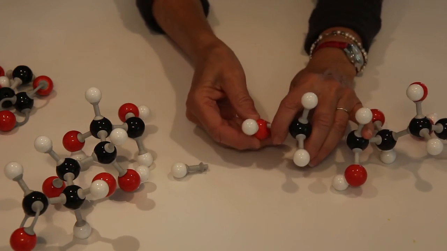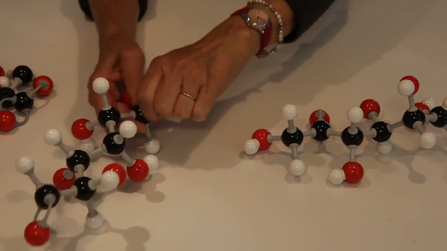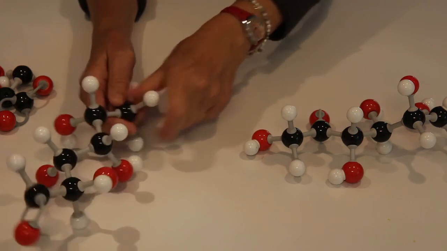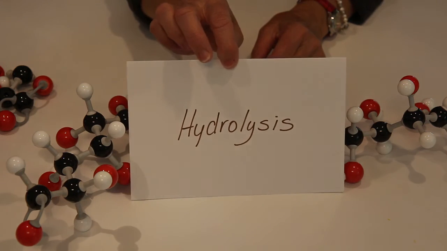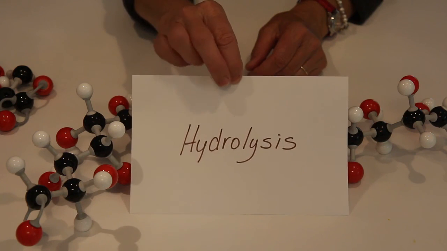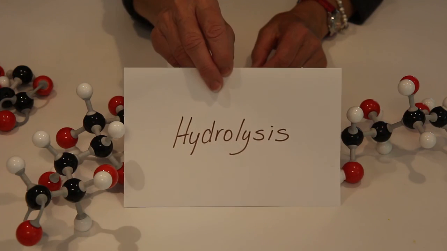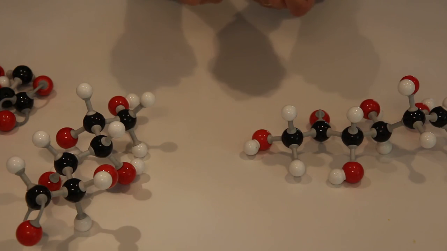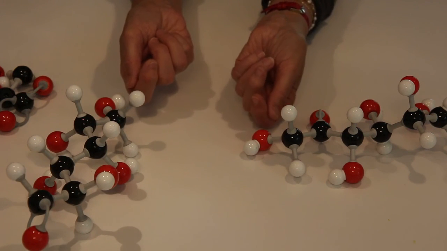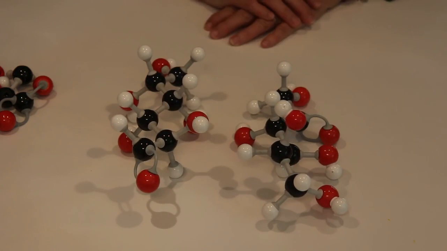And add the OH to one, and add the H to the other. And what I just performed was hydrolysis. What's that mean? Hydro is water, lysis is to break. So I broke the water apart and added those atoms onto the original molecules. And now again, I have 2 monosaccharides. Good.